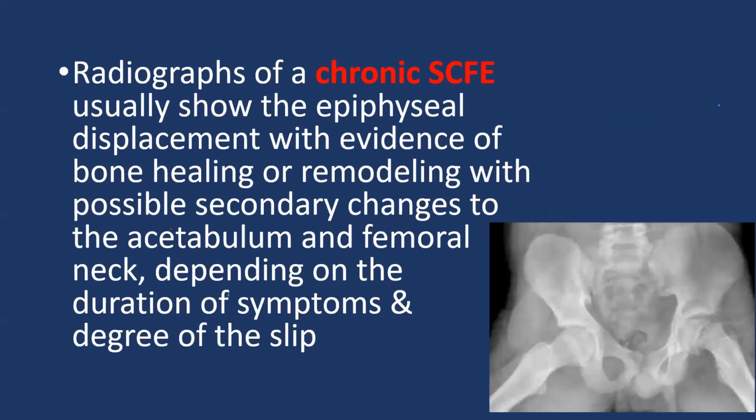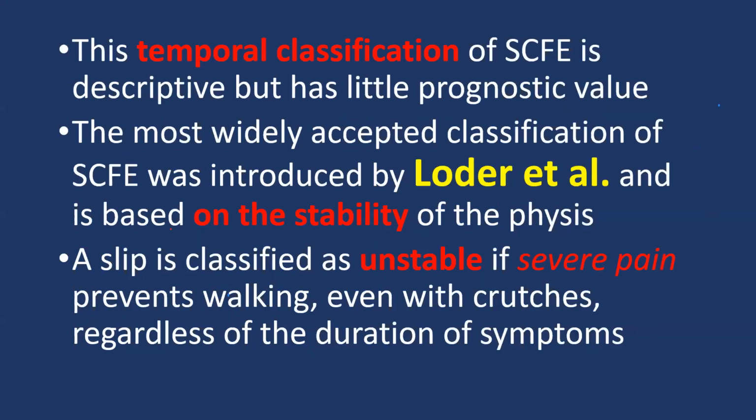You see, first they form bone on the inferior aspect, with possible secondary changes to the acetabulum and femoral neck, depending on the duration of symptoms and degrees of slip. The temporal classification of slipped capital femoral epiphysis is descriptive, but has little prognostic value.